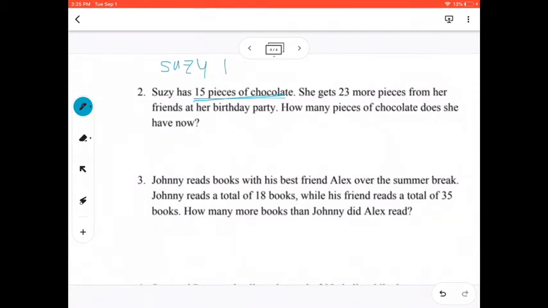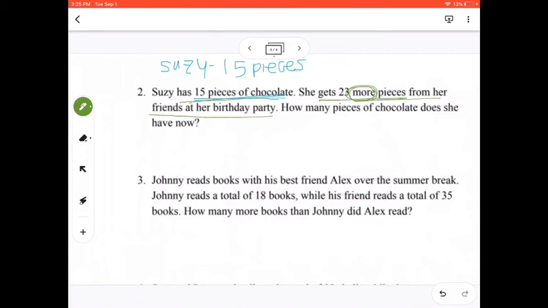But right here in the problem, after the first sentence, it says she gets 23 more pieces from her friends at her birthday party. So she earned.